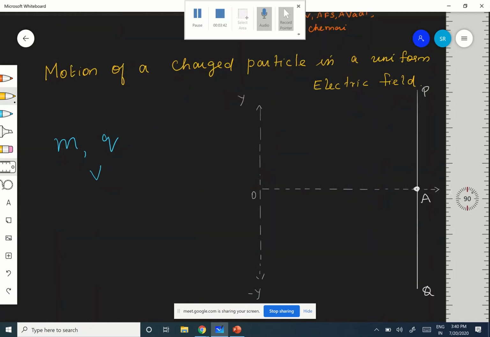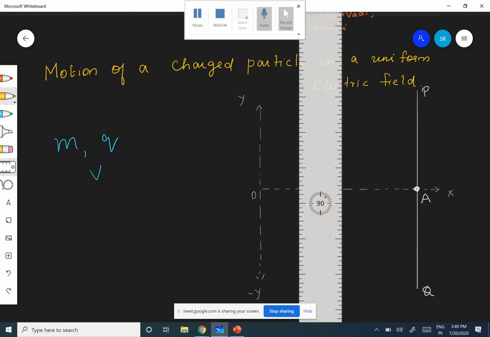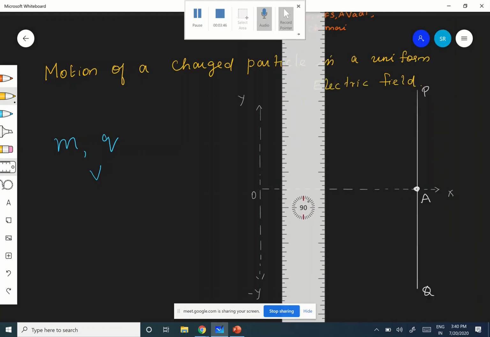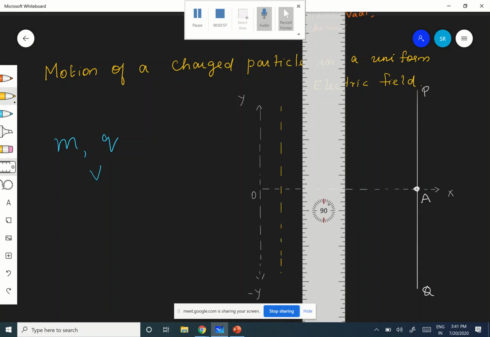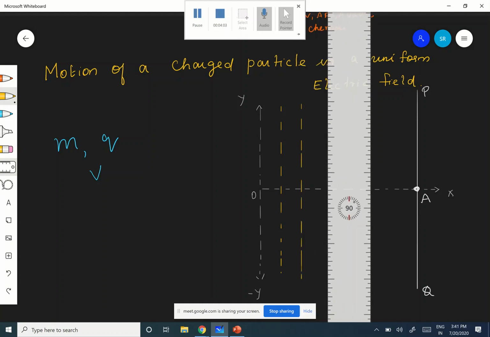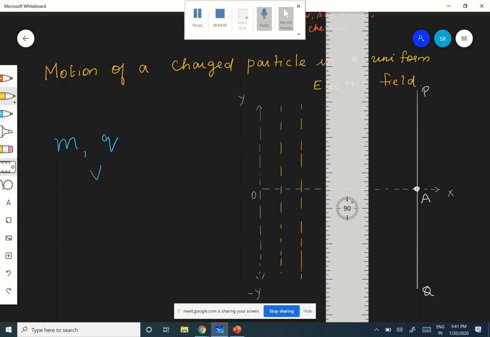I am going to apply it along the y direction. The field is in this direction. It is a uniform field. Here I am applying the electric field.